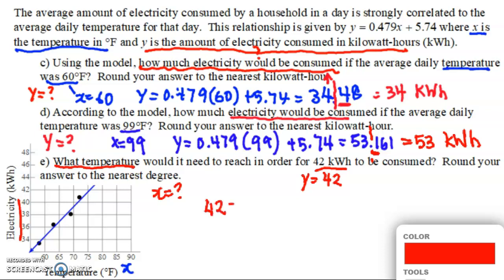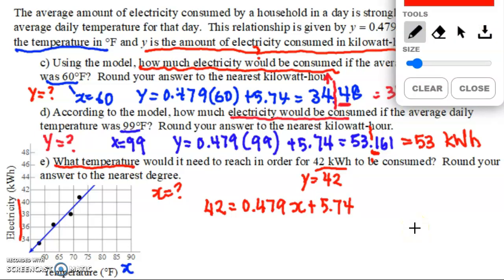So 42 is equal to 0.479 X. I need to write the X because that's what we're going to try to find, plus 5.74. Okay, now some of you might be thinking, oh, all these decimal numbers, I don't know what to do here. Well, the decimal numbers are just numbers.